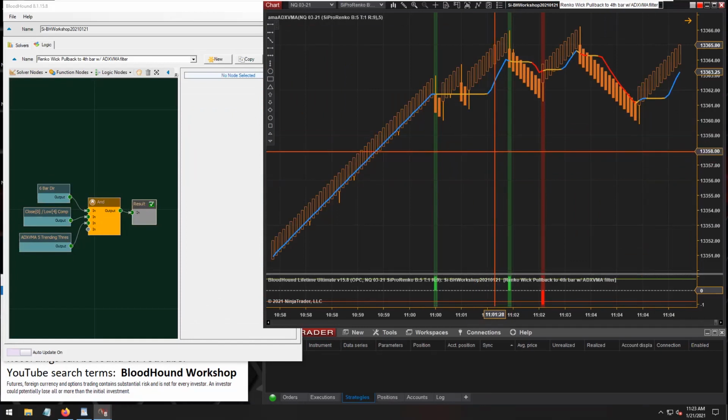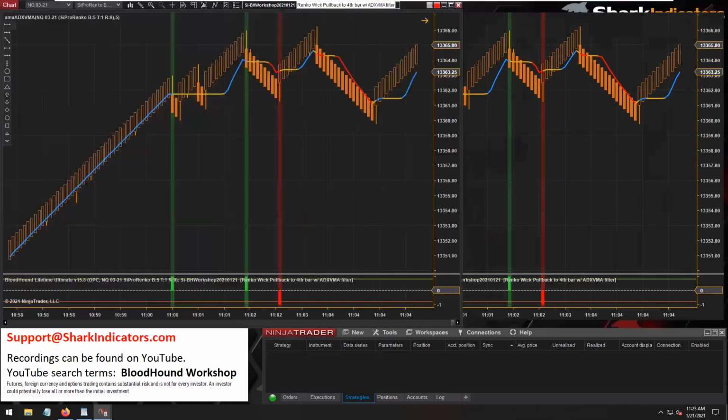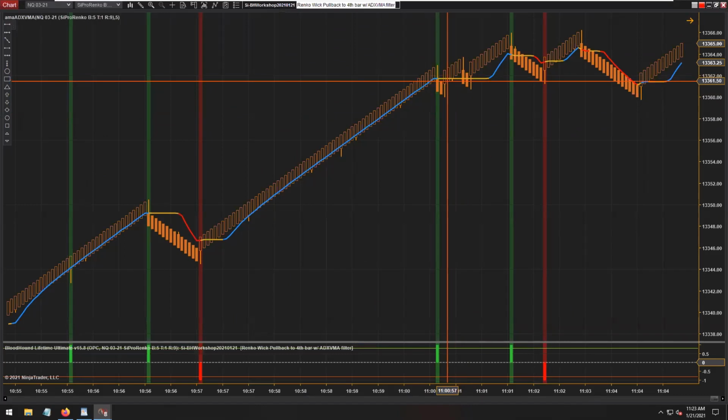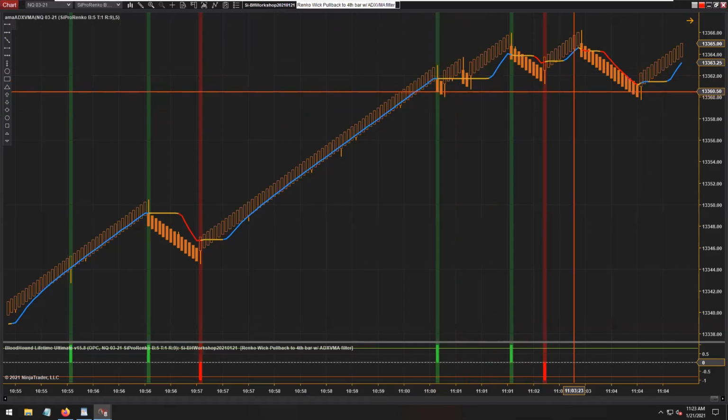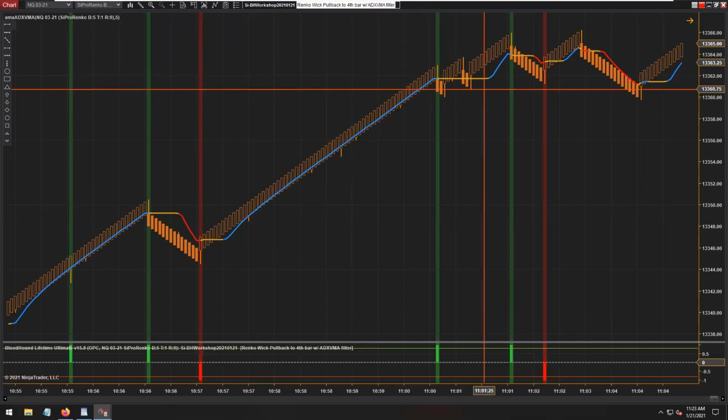One last thing I wanted to do is to see if there might have been any signals when the ADX VMA was flat, just to confirm that the ADX VMA is blocking signals.